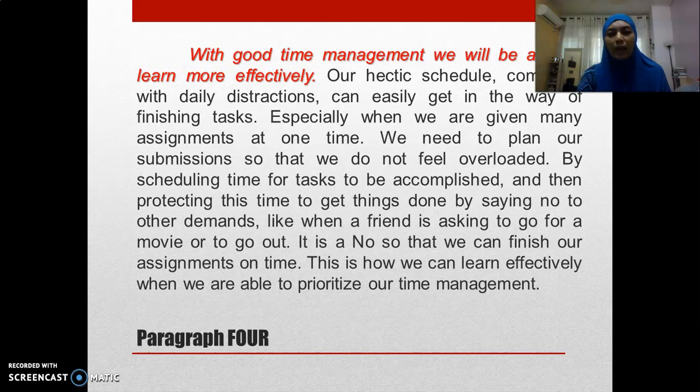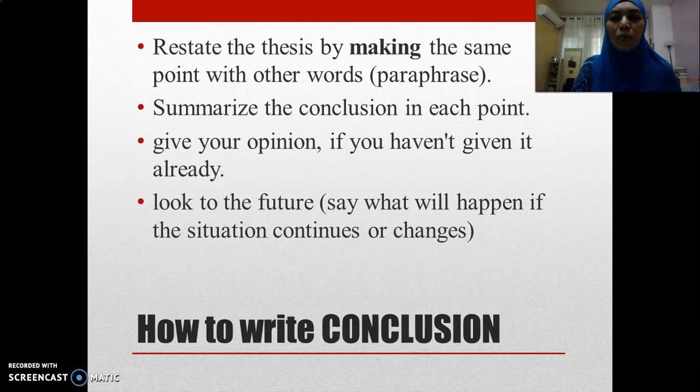Once we have all this done, now we need to do our conclusion. So how to write a conclusion? Remember, the conclusion is in the last paragraph after you have written everything. What are the things that need to be included in your conclusion?